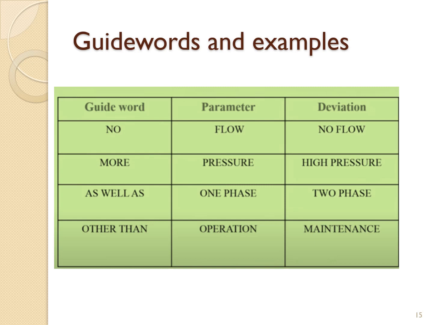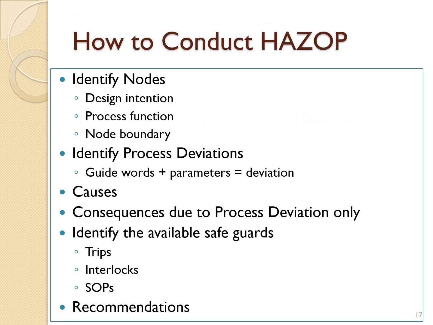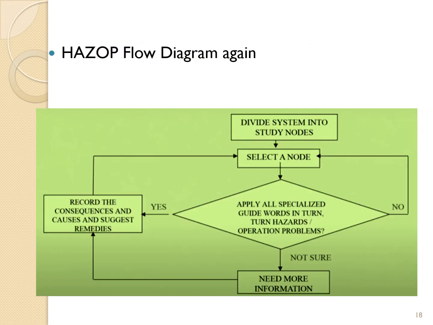Along with one phase, another phase is also coming into the picture, which we don't want. So in general, guide word plus parameter gives us the deviation. So these are the steps to conduct the Hazop. This is a flow diagram which gives a clear picture of how the Hazop is taken up.